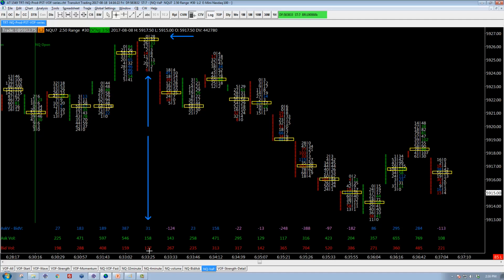Now, we'd like to use this information to help us understand who's being more aggressive and who's being aggressive at key levels. Is there aggressive buying in the market or aggressive selling in the market? The problem with this chart is that there's a lot of information here, but it's really difficult to use in real time because there's so much data.